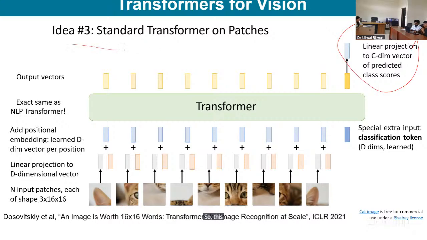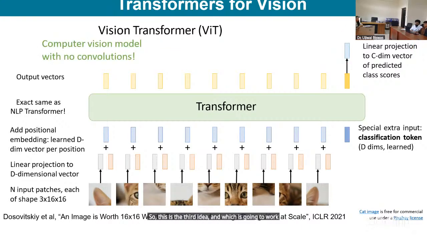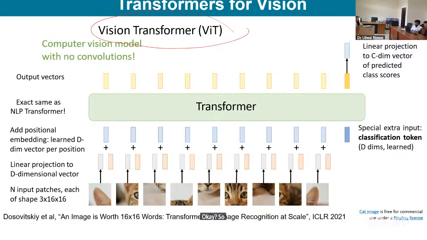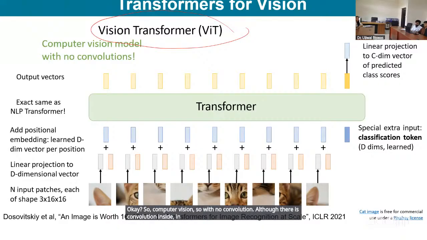So this is the third idea, and it is going to work. It is nothing but your vision transformer, the ViT. So computer vision with no convolution, although there is convolution inside in the form of MLPs and other things.